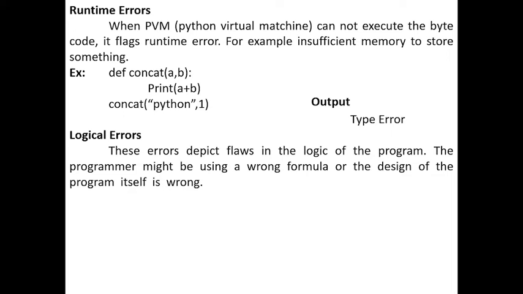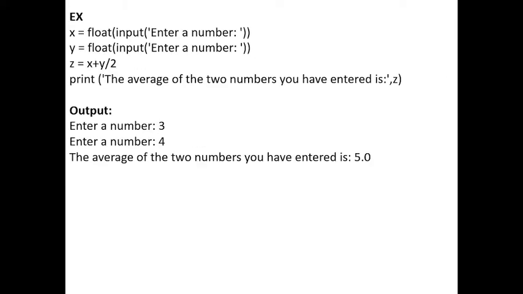The programmer might be using a wrong formula, or the design of the program itself is wrong, that is a logical error. Here the program: x equal to float(input(enter a number)), y equal to float(input(enter a number)), z equal to x plus y, the average of two numbers is z. This is an example program.